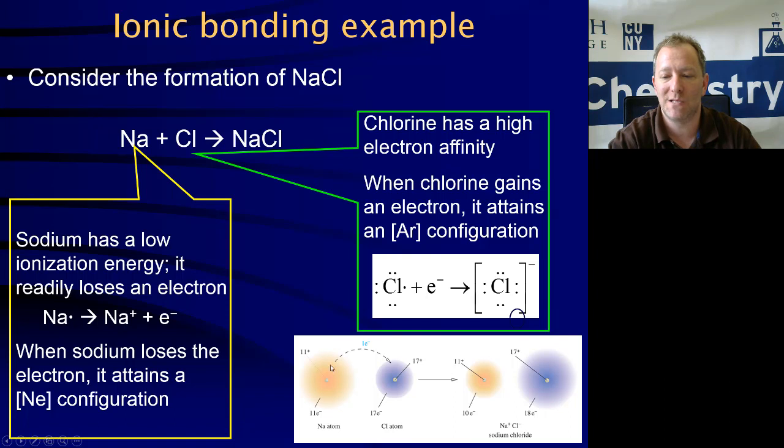Notice sodium atom is bigger than sodium ion. Chlorine atom is smaller than chloride ion. All right? The number of protons in the nucleus, 11, doesn't change, 17, 17. The number of electrons changes, 11 to 10, loss of an electron, 17 to 18, gain of an electron, okay?